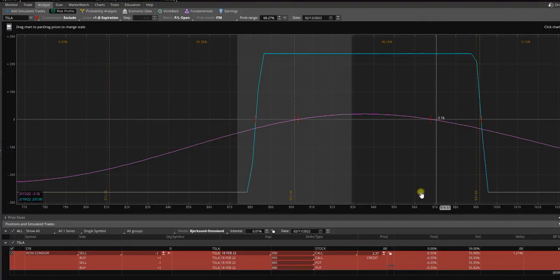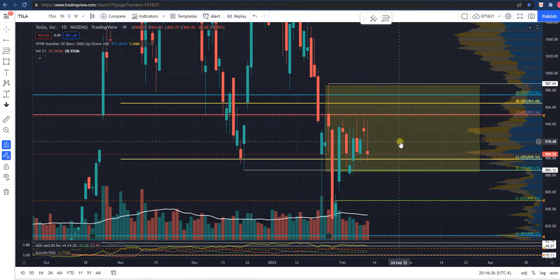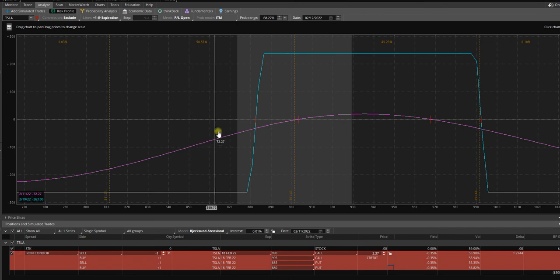All right, and for taking on the risk of selling to open, even though it's contained risk because of the max loss, we are given a credit in this position. It would be $2.37 per spread, and as time decays and price remains within that window that has been set, then you can see that profit starts to build through that decay.